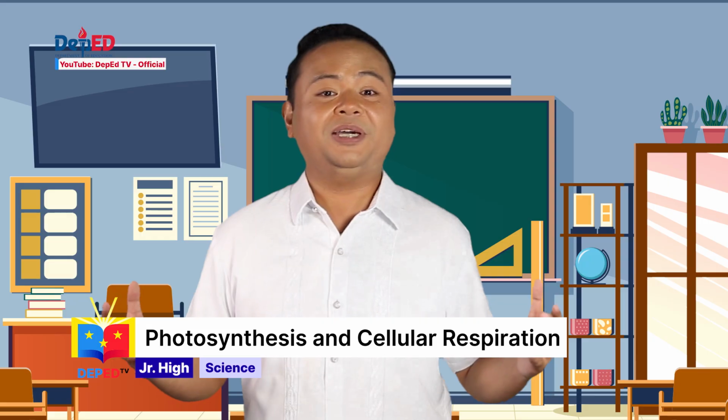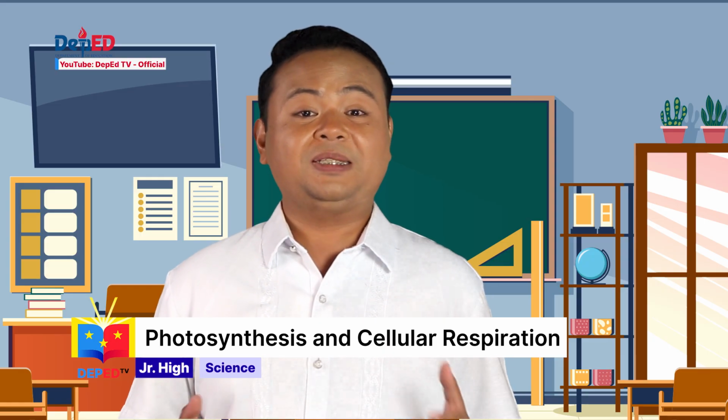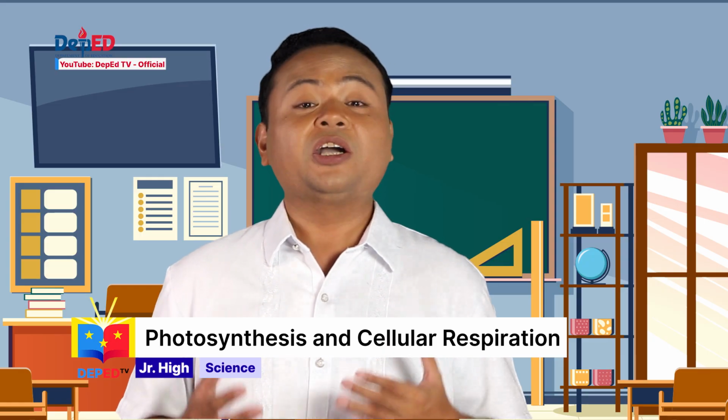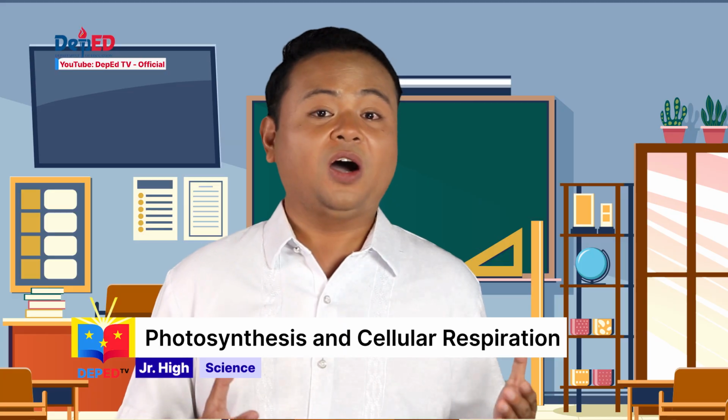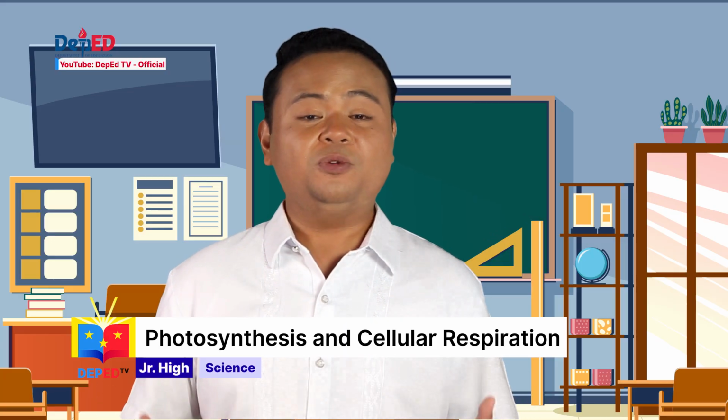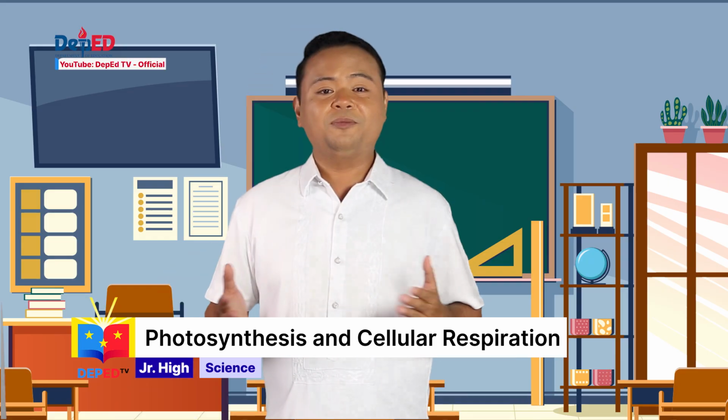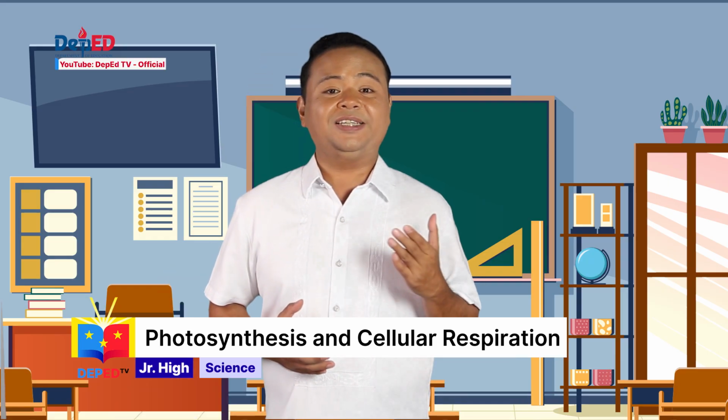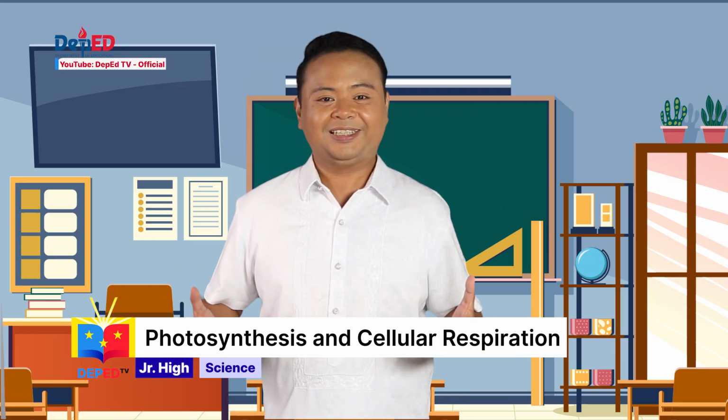Cellular respiration can occur both aerobically, using oxygen, or anaerobically, without oxygen. During aerobic cellular respiration, glucose reacts with oxygen, forming ATP that can be used by the cell. Carbon dioxide and water are created as byproducts.